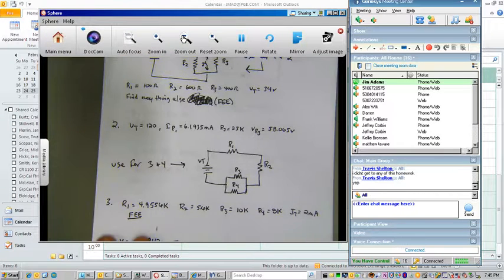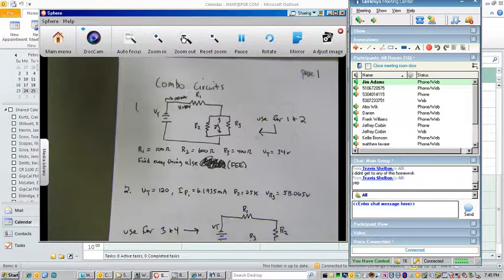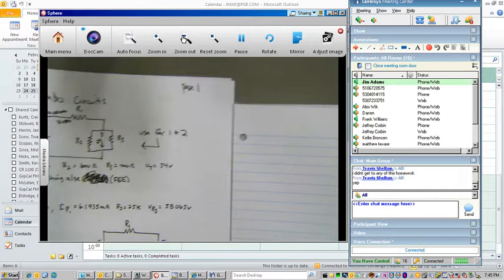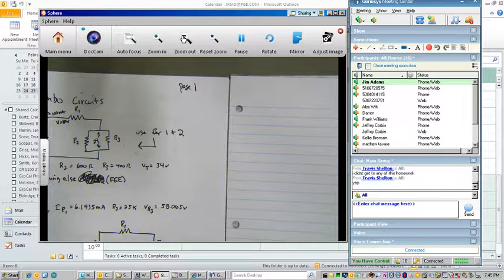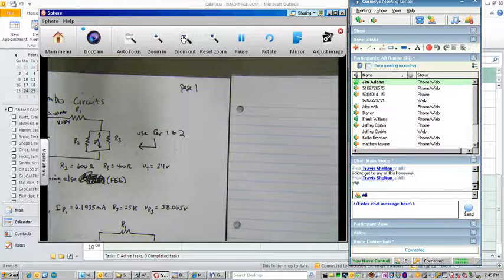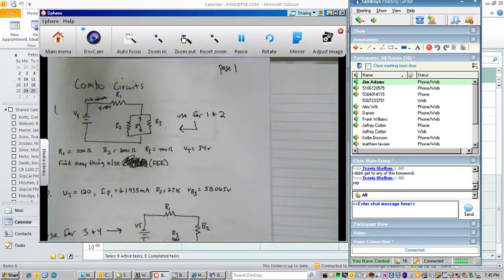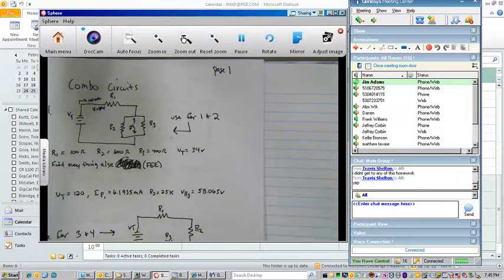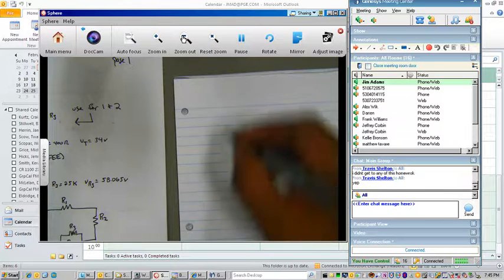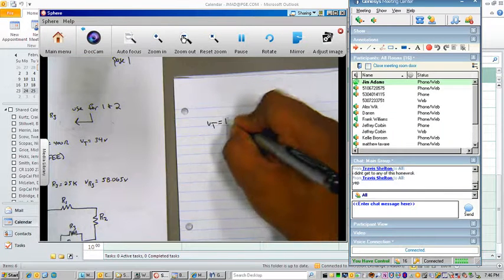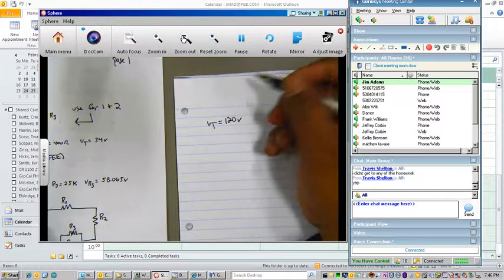Kirchhoff. So now that we know the voltage across R2 and R3, we can figure out the current through R2 and R3. The current through R2 would be 24 volts divided by 600 ohms, and current through R3 would be 24 volts divided by 400 ohms.